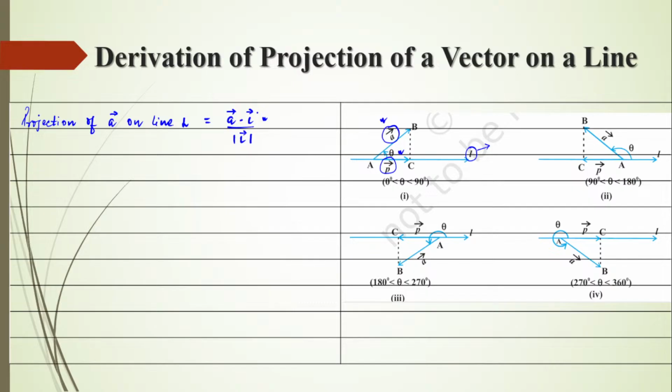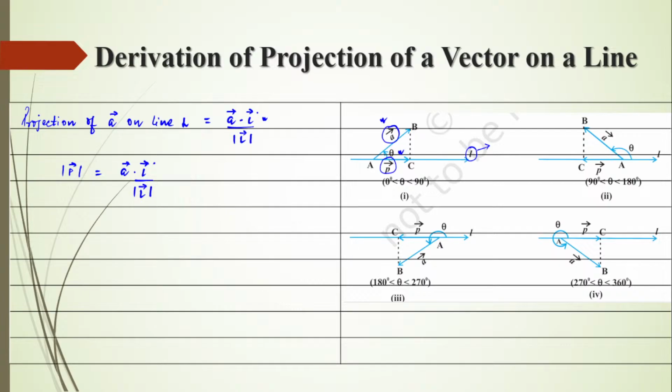So the projection, meaning the magnitude of the projection vector, will be vector A dot vector L by magnitude of vector L.